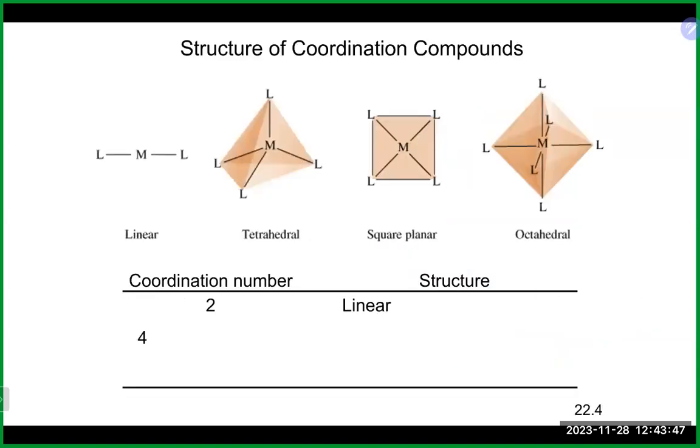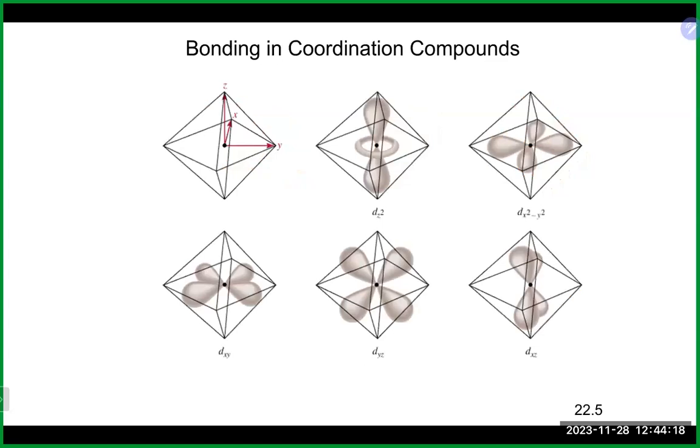Typically, if we have a coordination number of 2, you usually will get a linear geometry. If you have a coordination number of 4, you could end up with a tetrahedral or the square planar geometry. And if you have a coordination number of 6, typically you're going to be going with the octahedral arrangement. So usually sp, sp3, and sp3d2 happening there.